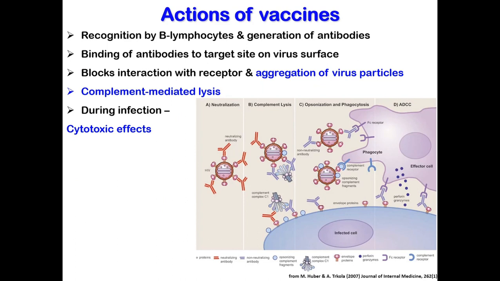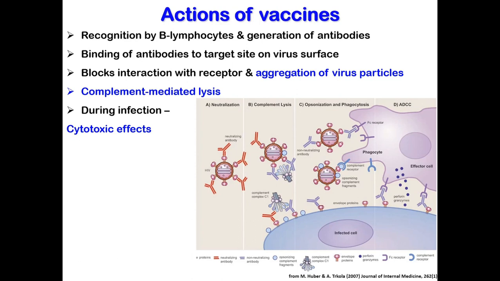So this slide just shows a little bit more about the actions of vaccines. First of all, you get recognition of the viral antigen by B lymphocytes and generation of antibodies. And you get binding of antibodies to target site on the virus surface, and this blocks interaction with the receptor and aggregation of virus particles. And then you get the complement-mediated lysis of free virus and infected cells triggered by antibodies.